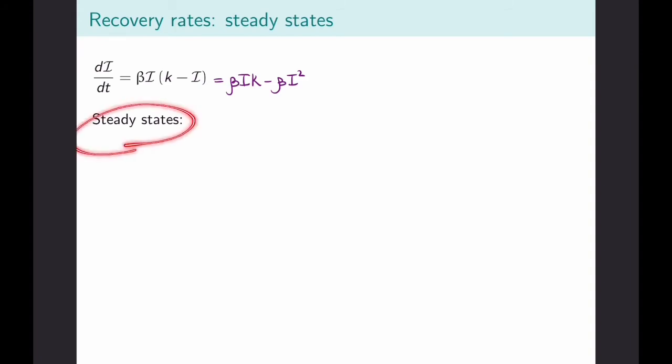If I look for steady states, I need to set my derivative to be 0, and it's easier to look at it in the factored out form. That will give me that either the first term is 0, so I is 0. This is a simple steady state. If the number of infected individuals is 0, the number of infected individuals will always stay 0 because nobody can infect anybody else. And the second case is when this bracket is 0, so I is equal to k.